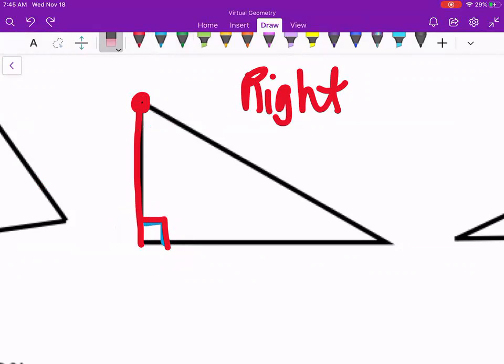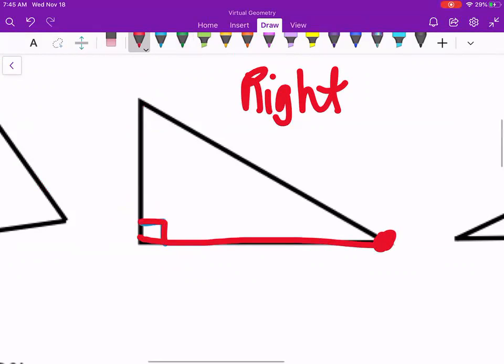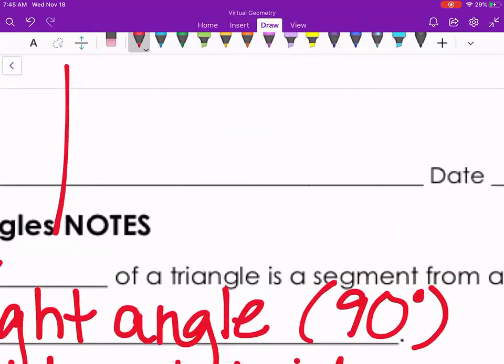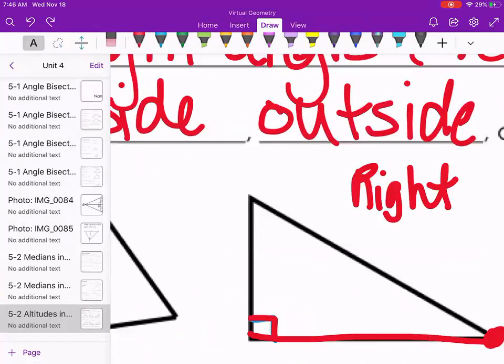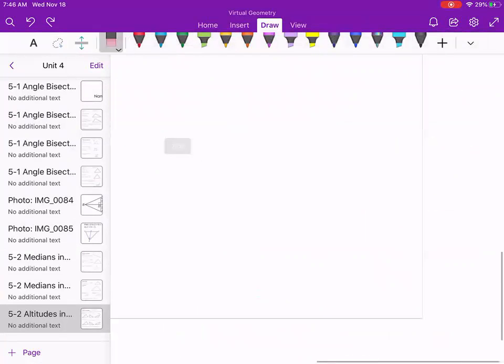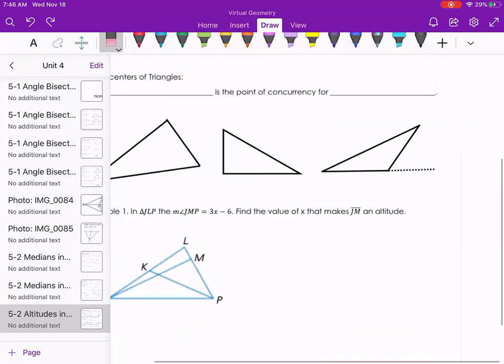Let's see what happens if we go from a different corner. Same thing will happen if I start at the bottom right corner. I have to follow the side of the triangle in order to make the altitude for that vertex. Sorry, I'm having technical difficulties here.